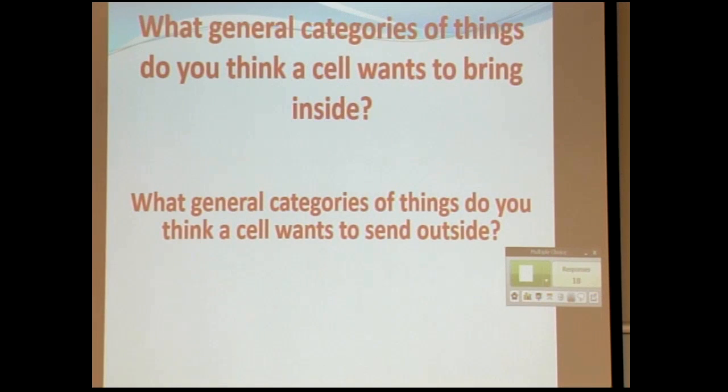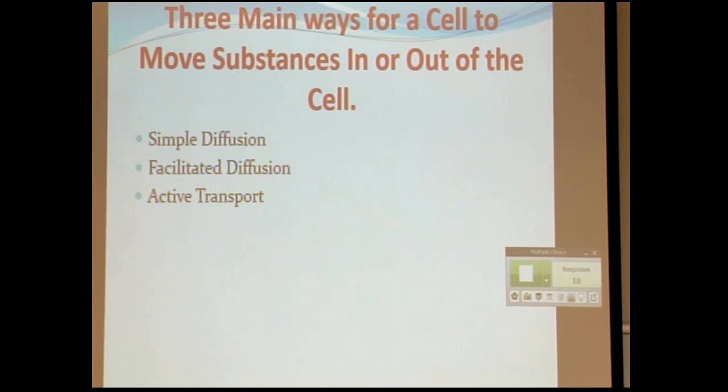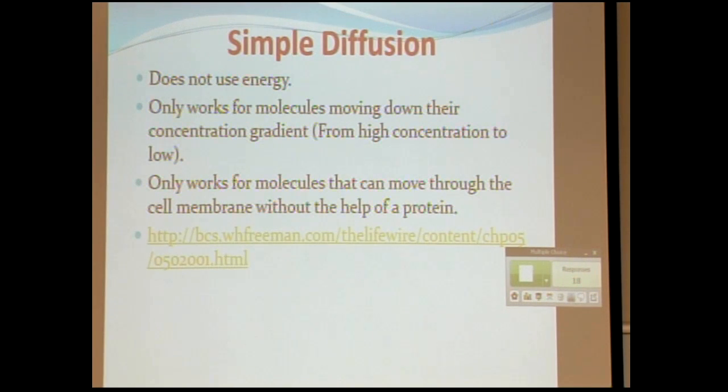And so the whole point of cell transport is for the cell to be able to do those things. Bring the nutrients in, send waste, send signals out. That's why it's doing simple diffusion, facilitated, active transport. And of course, y'all had that table from earlier.